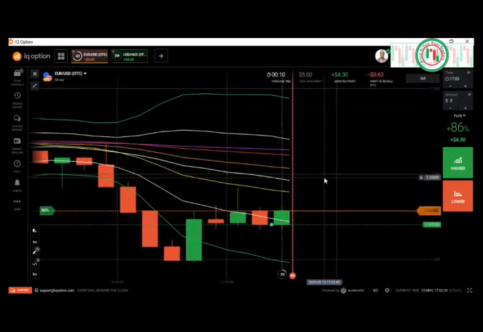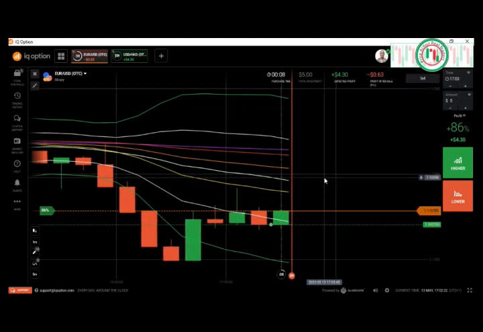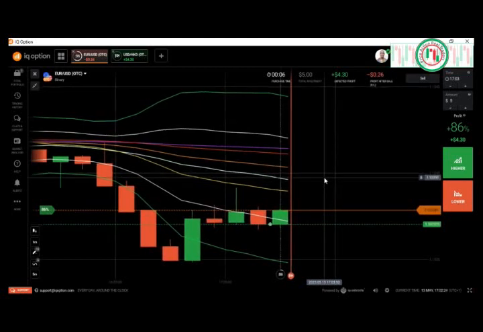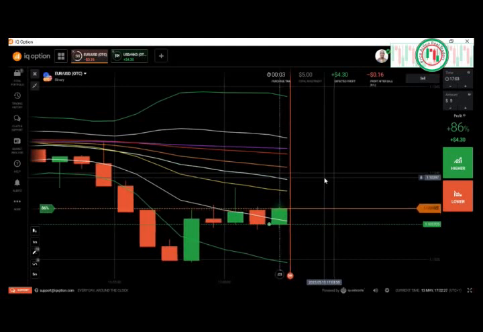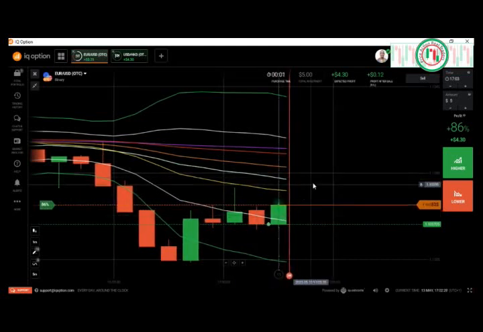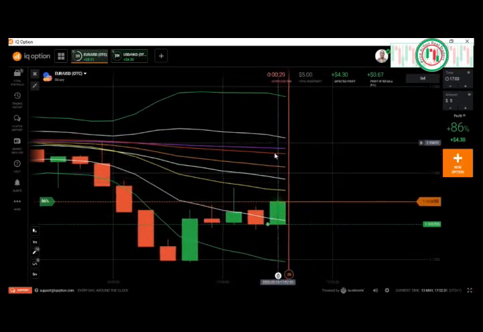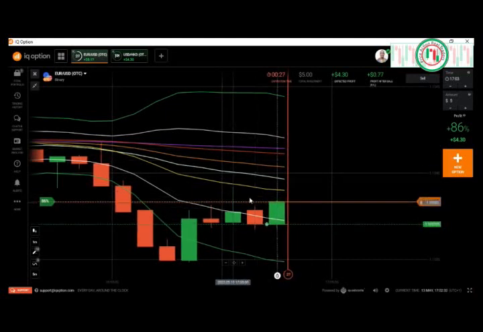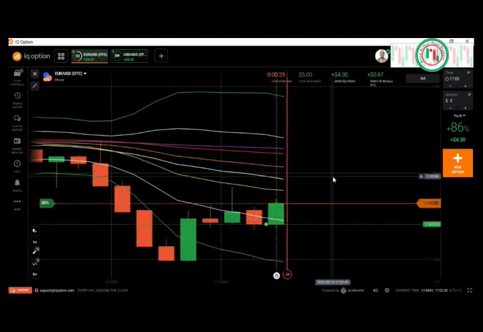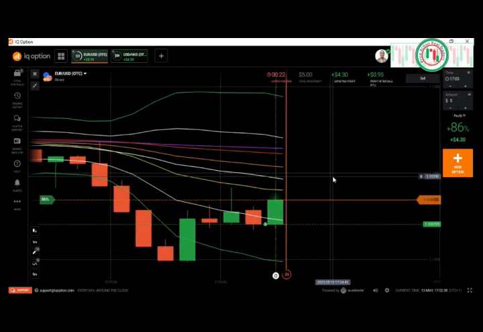You see the market is going higher. You see, even though the major trend is down, here I know because of this pattern, it is a very strong pattern.